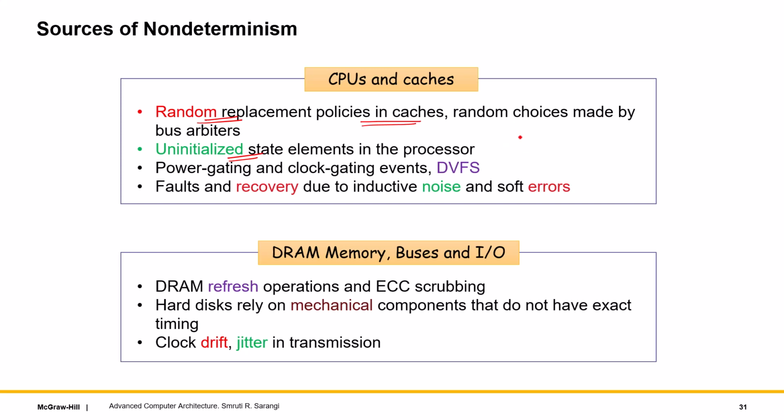Then, of course, power gating and clock gating are also inherently non-deterministic events, because depending upon the external voltage and so on, it may take different amounts of time to recover from a power or clock gated state. Or even DVFS, it may take different amounts of time to recover from it. So what could happen is that if I'm taking slightly longer to recover, I may miss other hardware interrupts, which may cause a system failure.